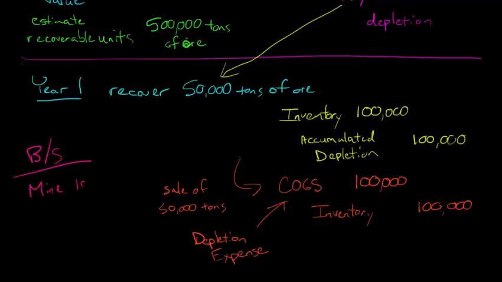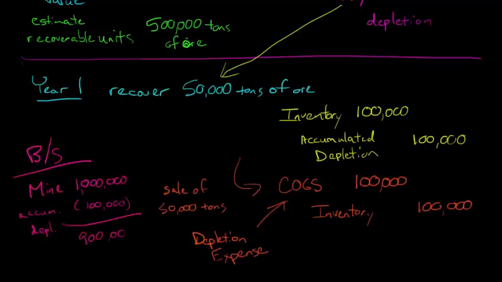Remember, we capitalized it at $1 million, but now it's been depleted for 100,000. That's the accumulated depletion. I'm just going to abbreviate here. So now that asset is at 900,000.